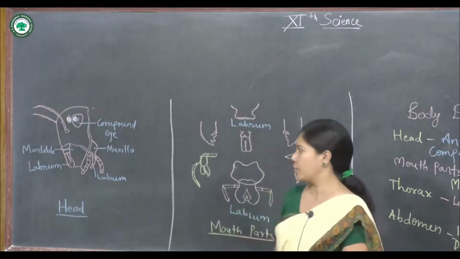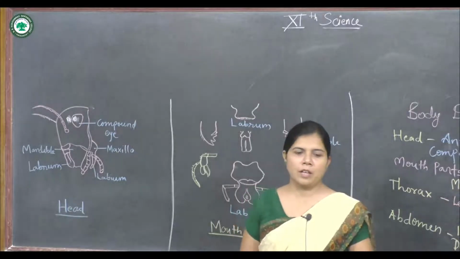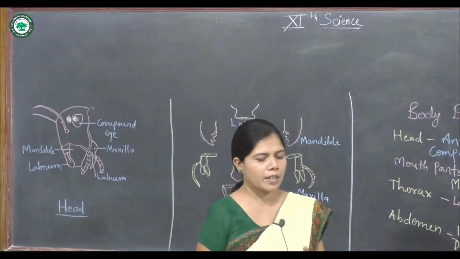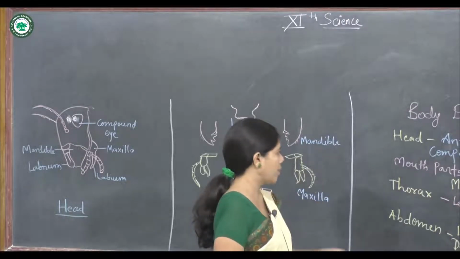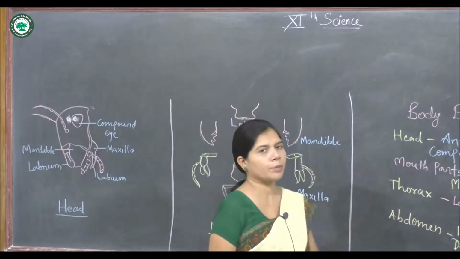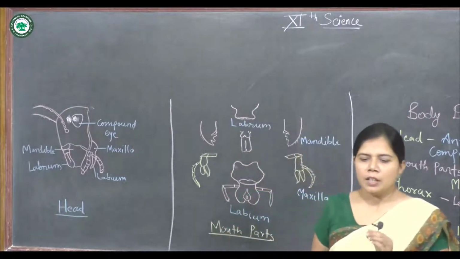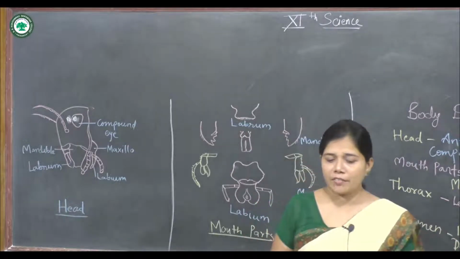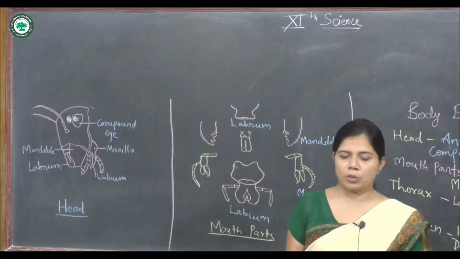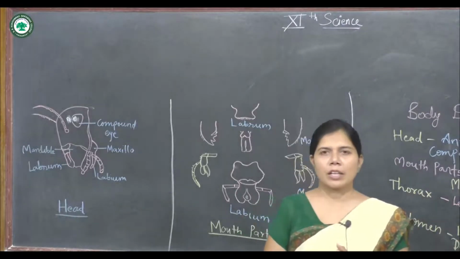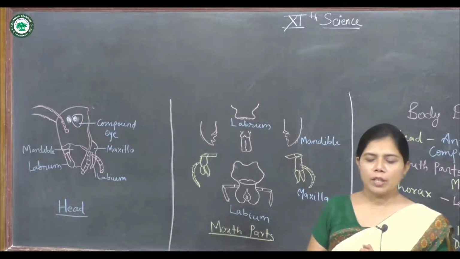Now, in the head region, there are the mouth parts, along with the antennae, fenestrae and compound eyes. There are 4 to 5 types of mouth parts in the cockroach. The cockroach has a preoral cavity in front of the mouth, in which food is received.